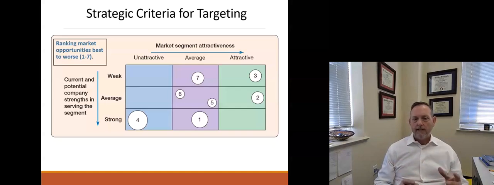And where those have fallen on this chart, you see one, we're strongly competitive in this market segment. And the market attractiveness is average. It's okay, it's good. So it's not super attractive, but it's not bad, and this turns out to be the best that we have.